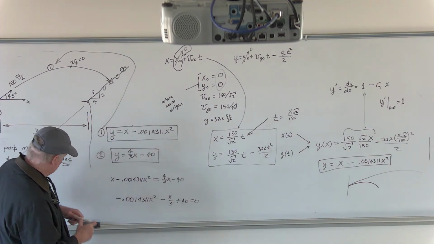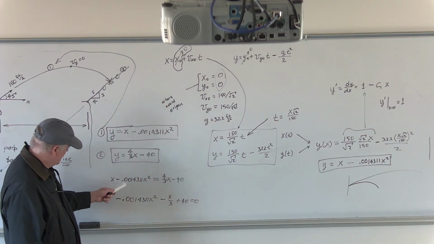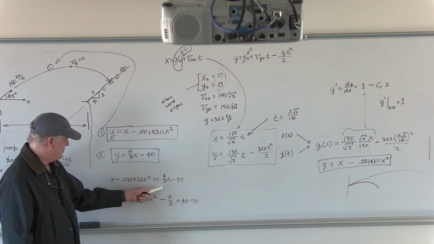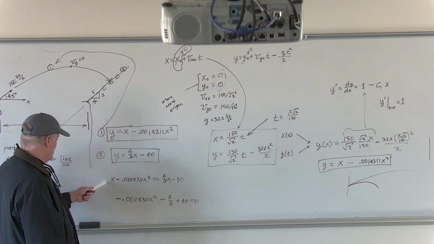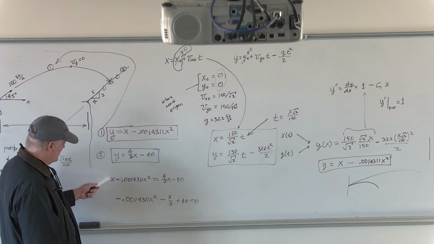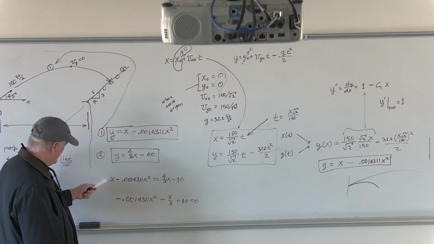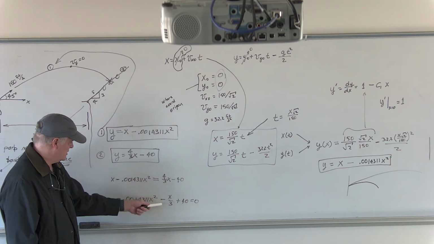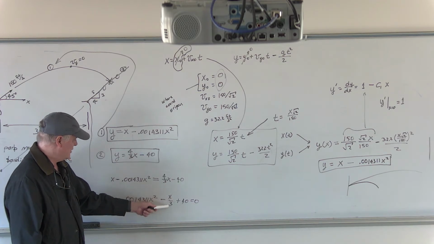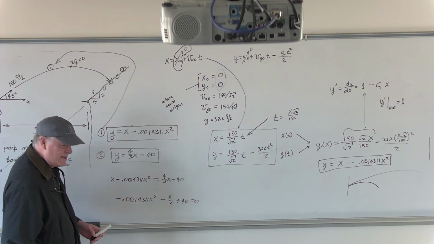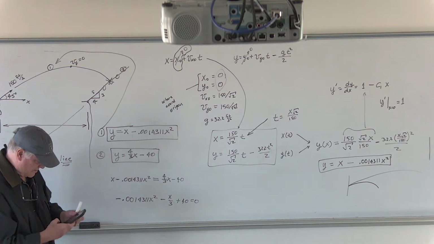Let me make sure I did it. This part, I just copied it down. This part, I brought 4/3 over, and this is the same thing as 3/3. This became minus when it got drawn over. So I got 3/3 minus 4/3, which gives me minus 1/3. The minus 40 got drawn over, it became plus.